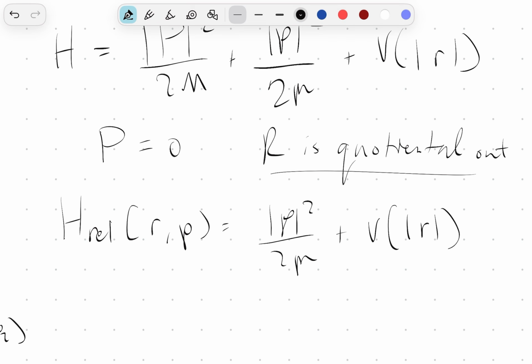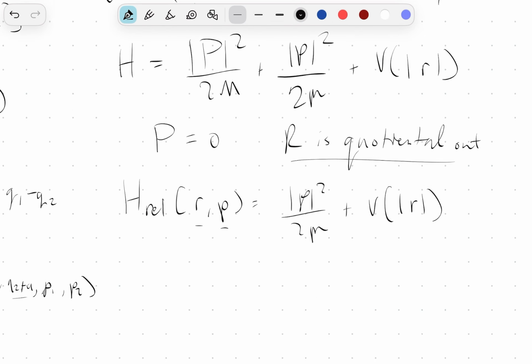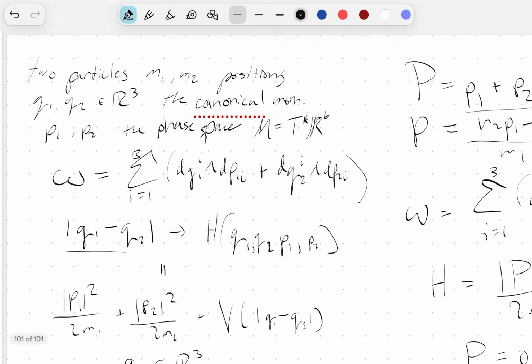We just have a one particle system, so the 6-dimensional phase space with canonical coordinates r and p. So we basically had this original 12-dimensional problem, right?